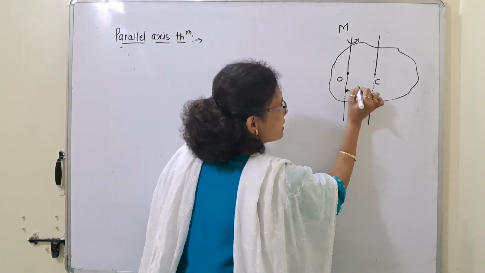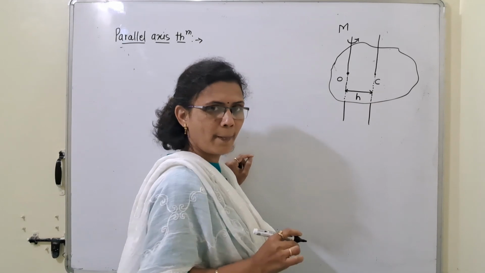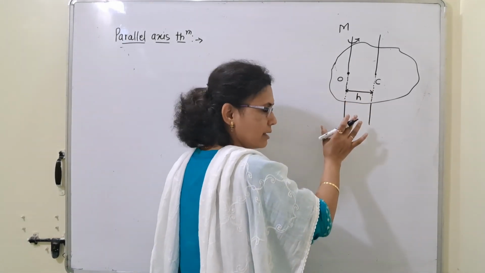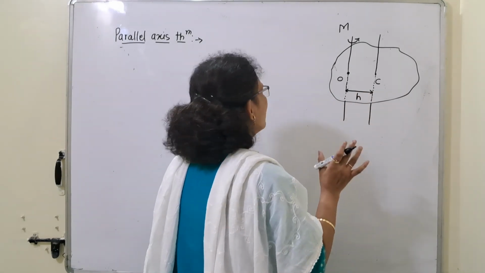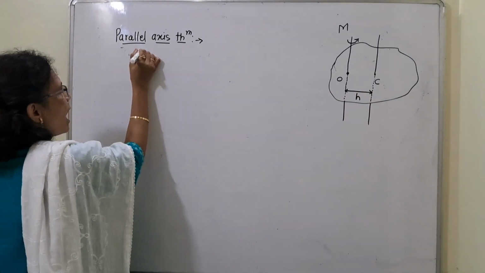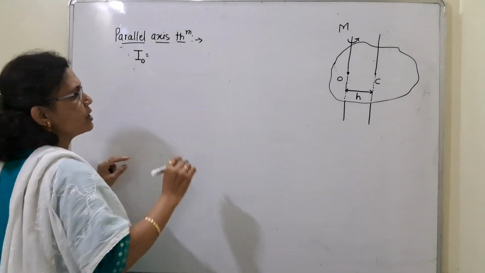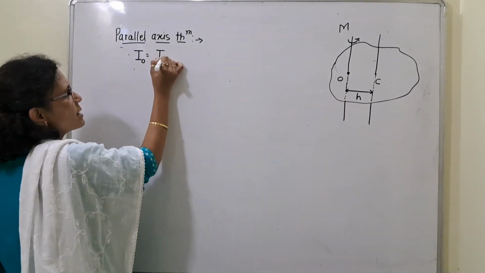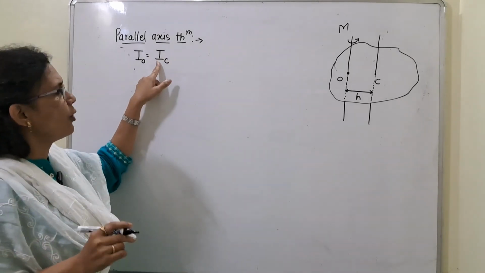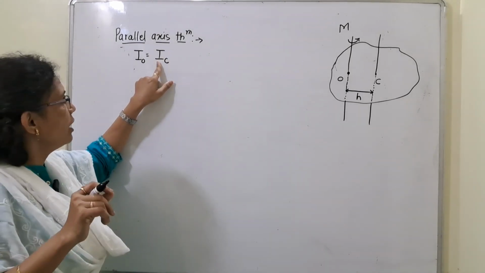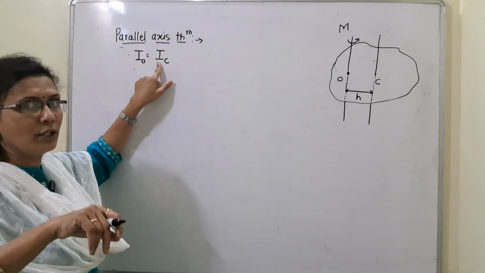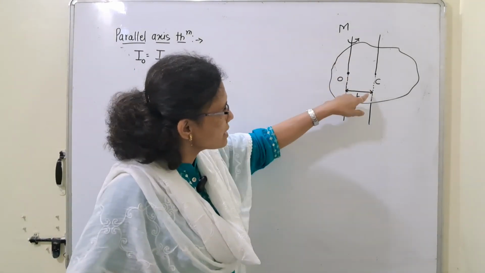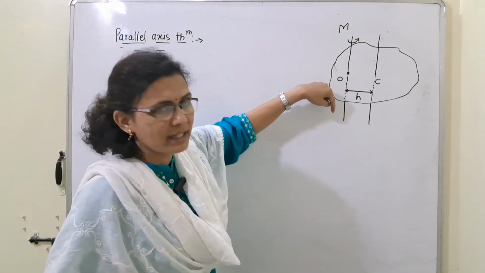If I consider the distance between these two parallel axes as h, then what will be the statement? That is, IO, the moment of inertia of the body about point O, is equal to IC, that is the moment of inertia of the body about an axis passing through the center of mass and parallel to the given axis. Means this axis must be parallel to the given axis.